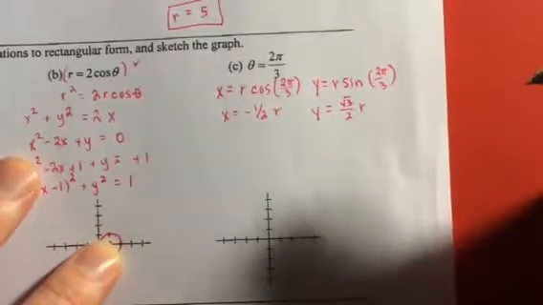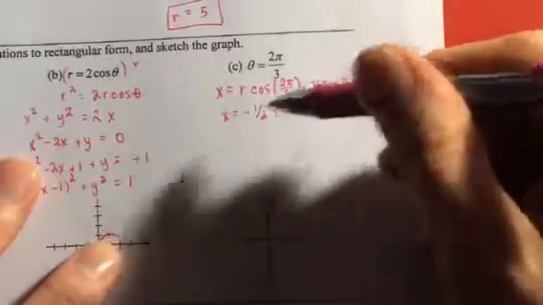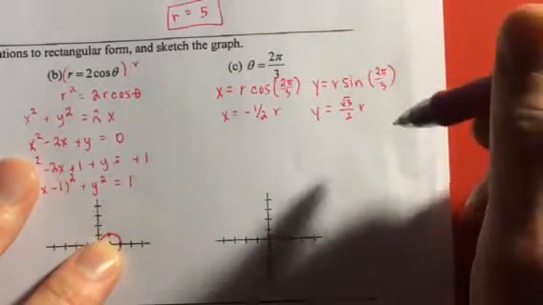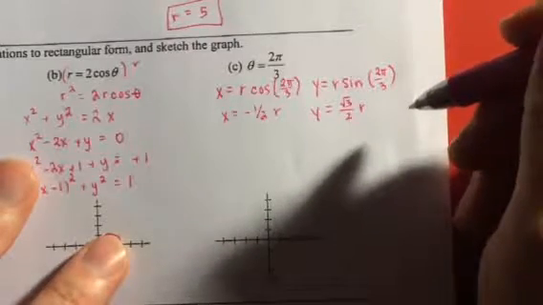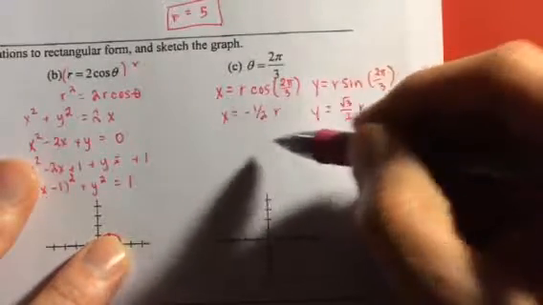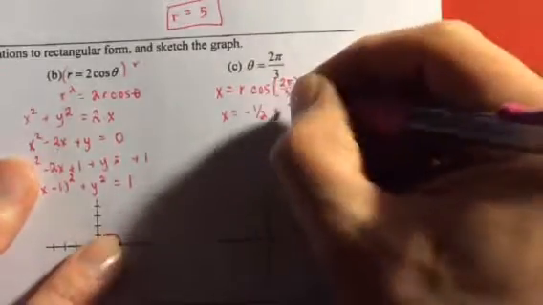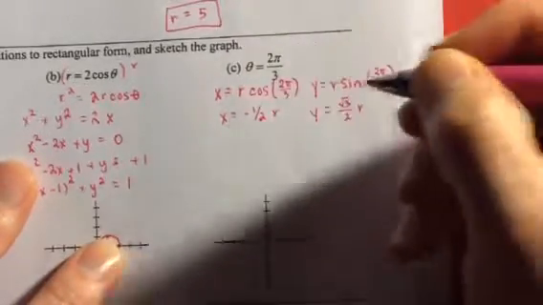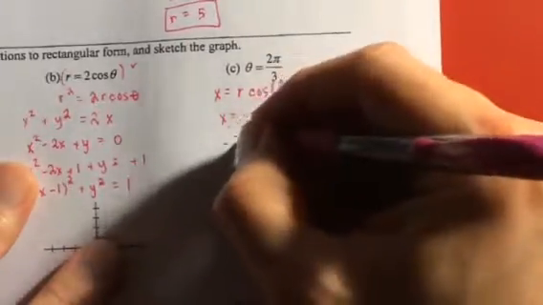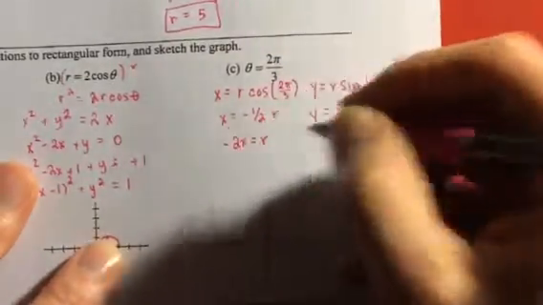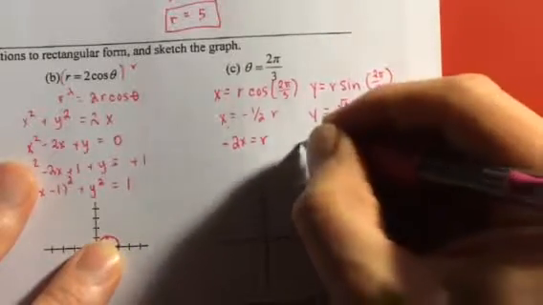All right, so we now know what x is and we know what y is. What we need to do is rewrite this so that it says r equals. To do that, we would multiply by negative 2. When I do that, I get negative 2x is equal to r, and then sub that into our y here.